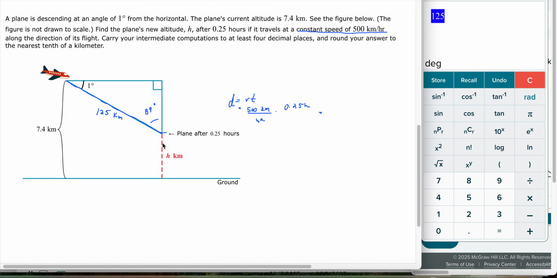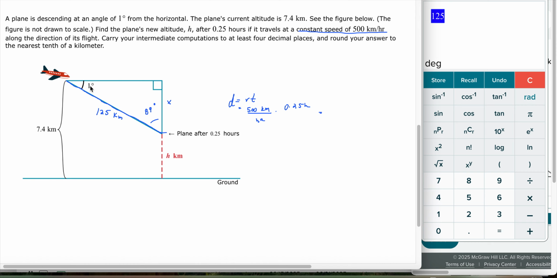Now let's see what else we know. We're looking for this red line here, this h, the distance from here to the ground. And I do know that all the way to the top where the plane is, that is 7.4. So I can find this side length by setting up a trig ratio.